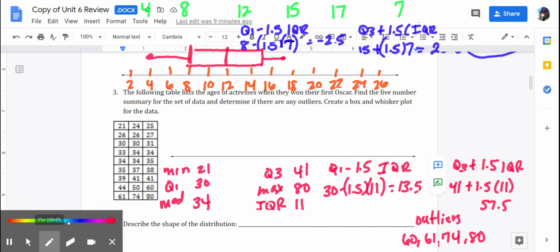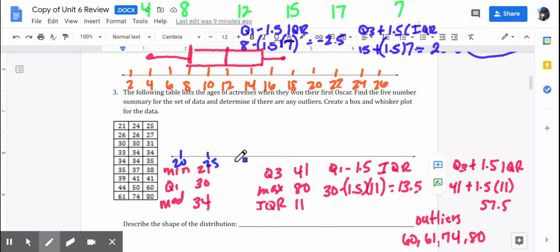I'm still having to plot the box and whisker. So here I'm going to go up by 5 and start at 20. Again, the number line is super important. Without a number line, it tells me absolutely nothing. So if you have this, I'm going to keep going from the number line here.